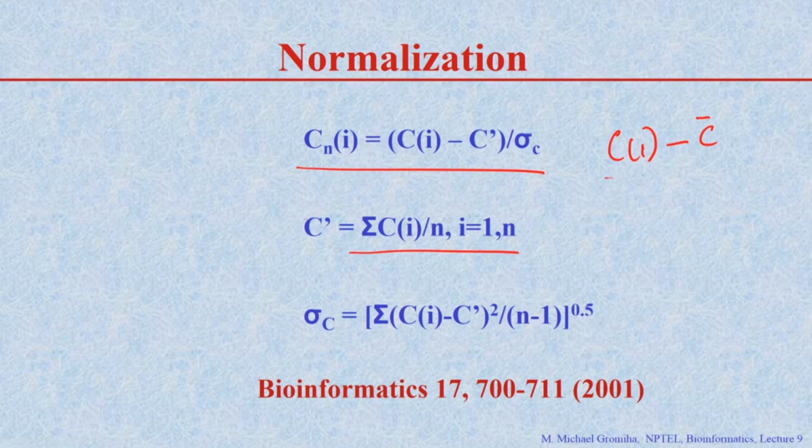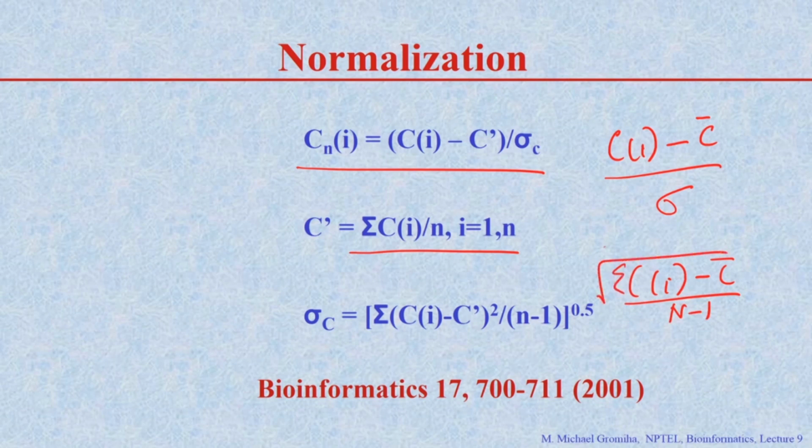What is sigma? Standard deviation. How to get the standard deviation? It is C of I minus the mean of C.